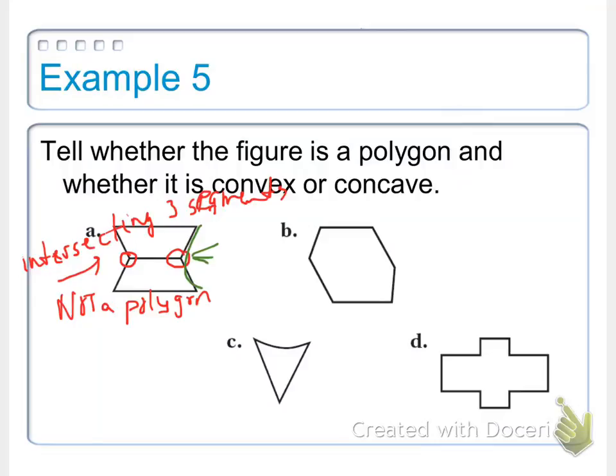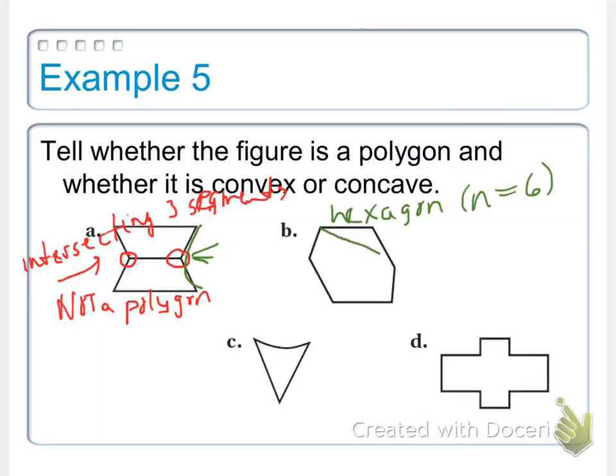Okay, the next one. Well, it meets the definition of a polygon. It looks like some kind of hexagon. It's got 6 sides, so it's a hexagon. And it seems to bend out. There's no bending in. Now remember, the definition says you take non-consecutive vertices and draw diagonals.